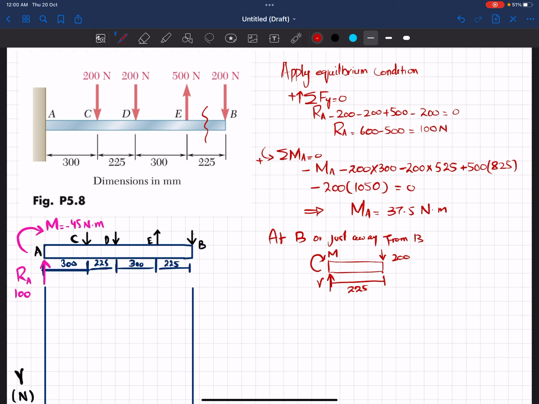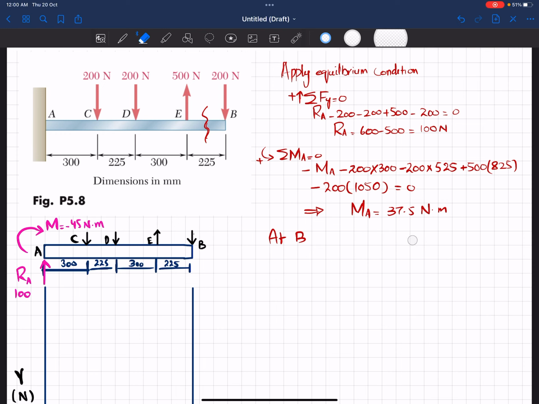At point B, if you cut the beam over here, we know that the shear force is equal to 200 Newton and the moment is 0 at point B.